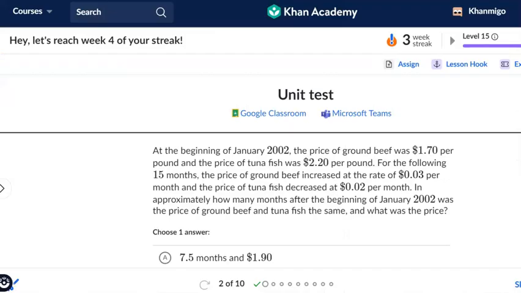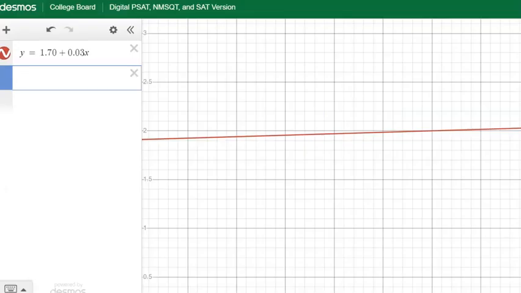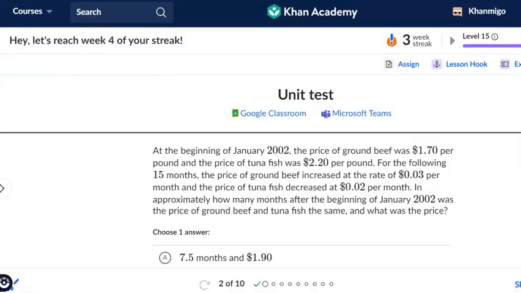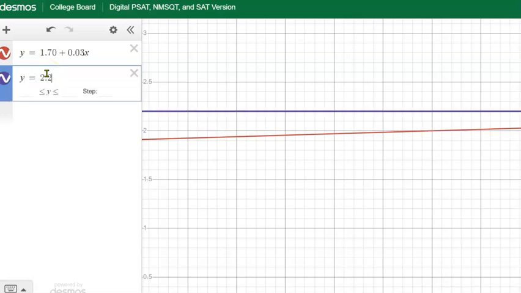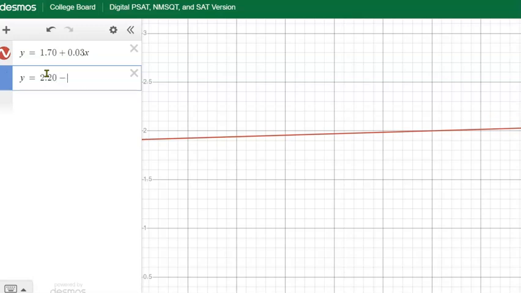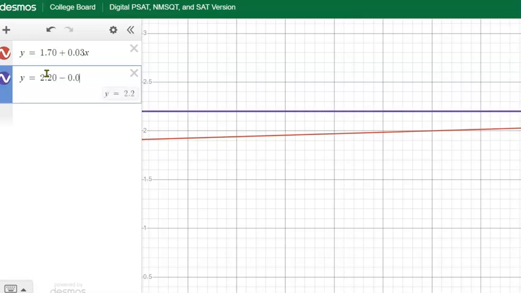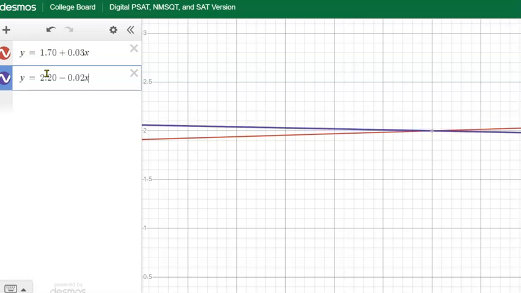Now the tuna fish is, did I get that right? 0.03? Yes. The tuna fish is $2.20, but it's going down at 2 cents a month. All right. So let's draw another line. Y equals 2.20 minus 0.02x.